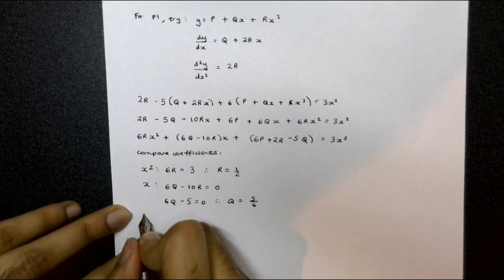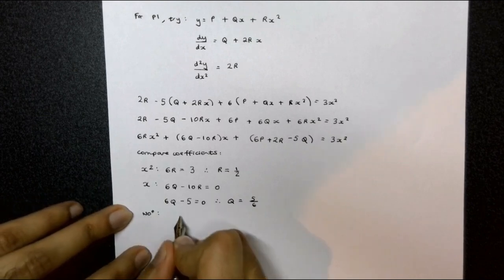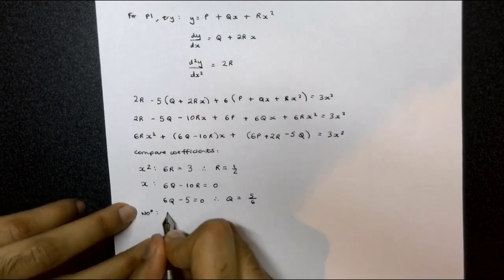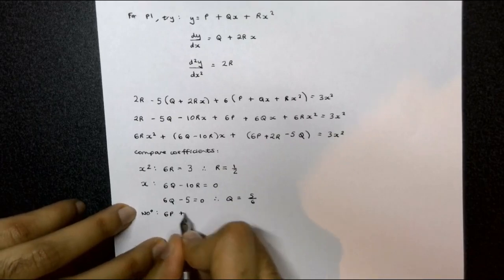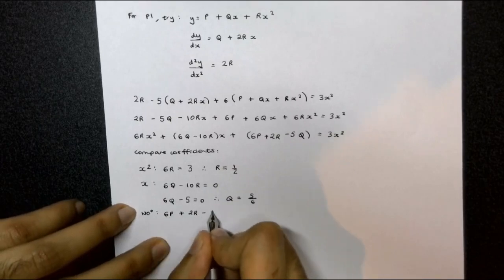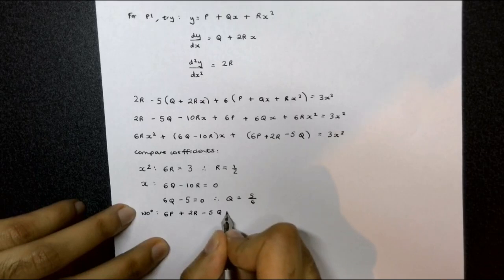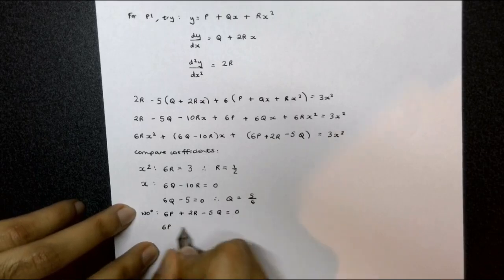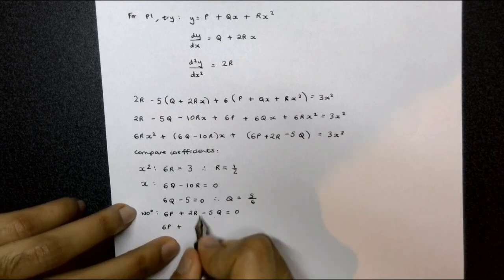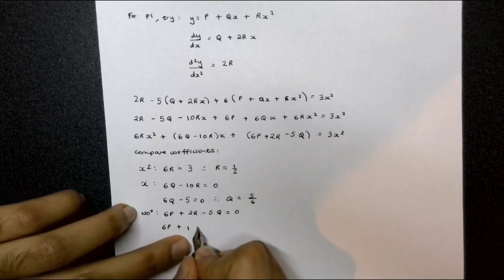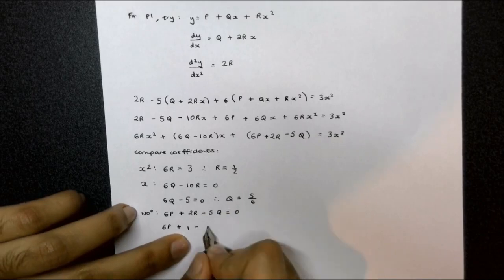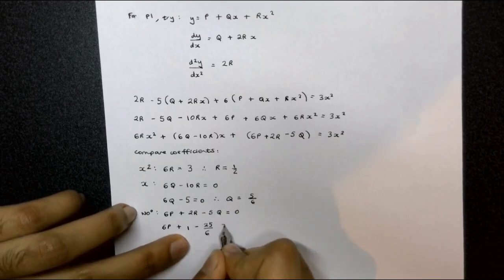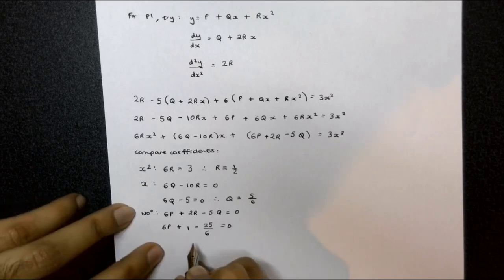And if we compare the number terms, you can see here we've got 6p plus 2r minus 5q equals 0. So we've got 6p plus 2r, so that will be plus 1, minus 5q, so that will be 5 times by this, which is 25/6. All of this is equal to 0.